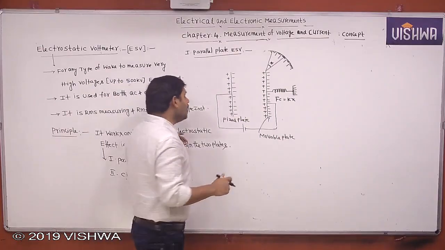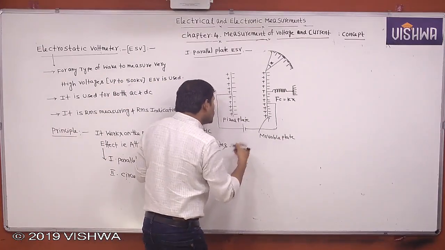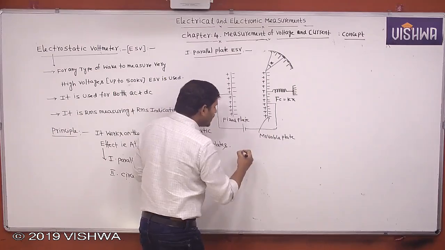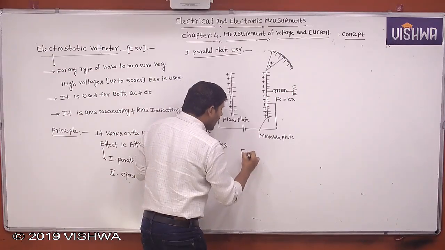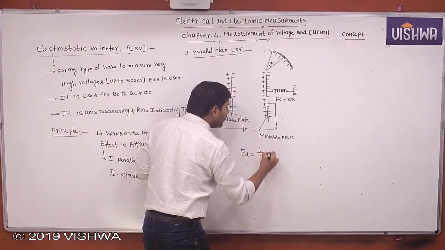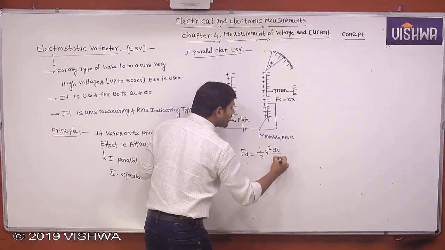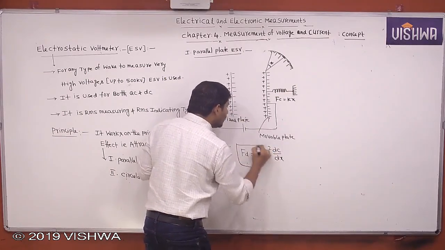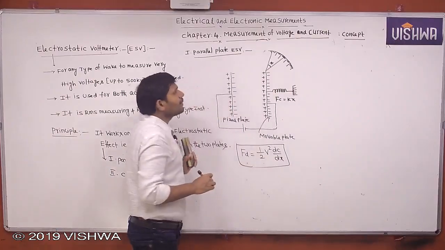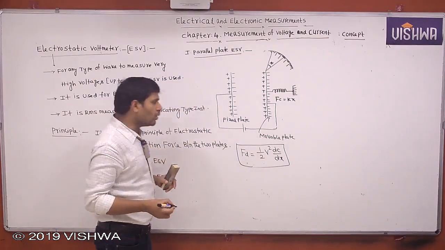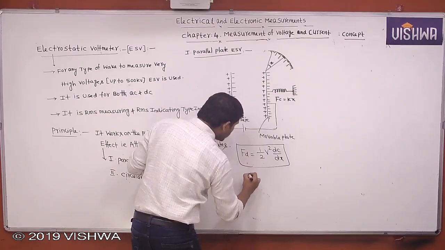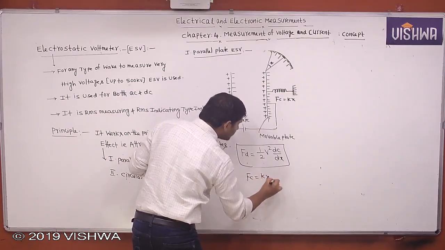Now, what is the deflecting force produced in the parallel plate electrostatic voltmeter? Half V square dC by dx. Then the controlling force is Fc equal to Kx.